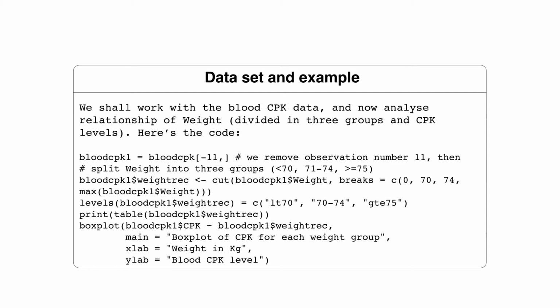Going with the tradition of what is commonly taught when you analyze data, we decided to construct a box plot for this. We have taken blood CPK, and our variable of interest is creatine phosphokinase, and the other variable is weight rec, the recoded weight. The first thing is we put a box plot in it.